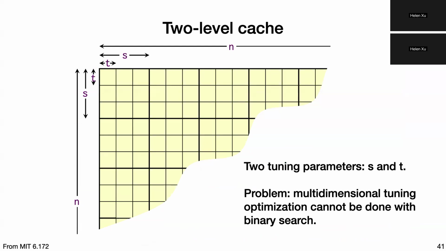One is that in reality, you don't have two levels of cache. You actually have at least three, probably, or more. And so you have to do multi-dimensional tiling beyond two levels. If you had multiple levels, then you would have two tuning parameters, now S and T. But the problem is that you can't do multi-dimensional tuning using binary search. If you choose S in one direction, T might need to move in another direction.